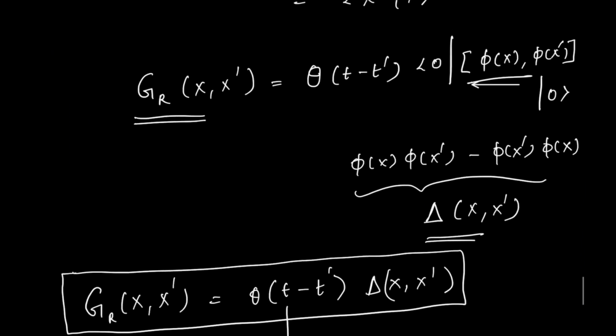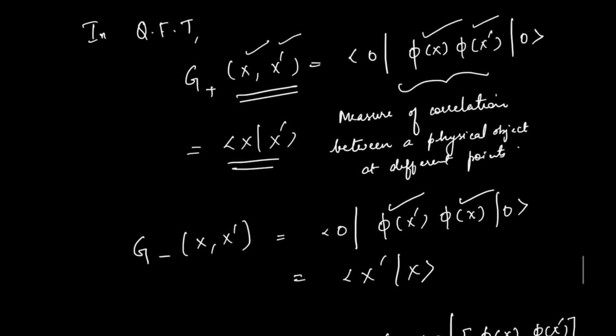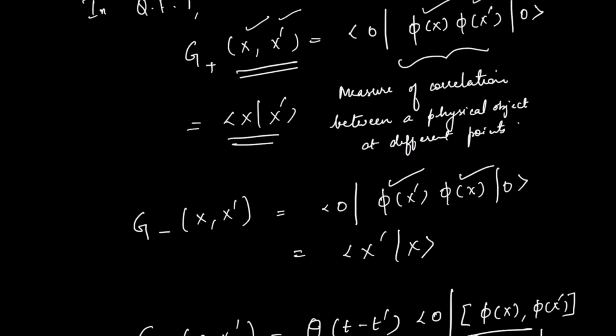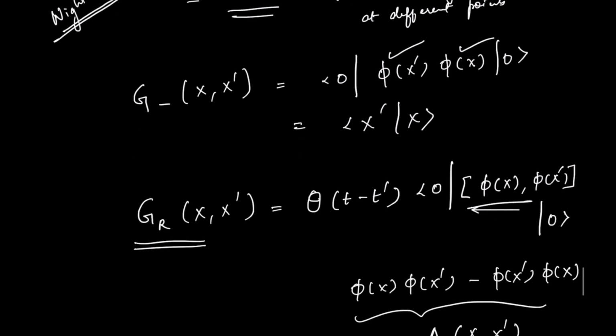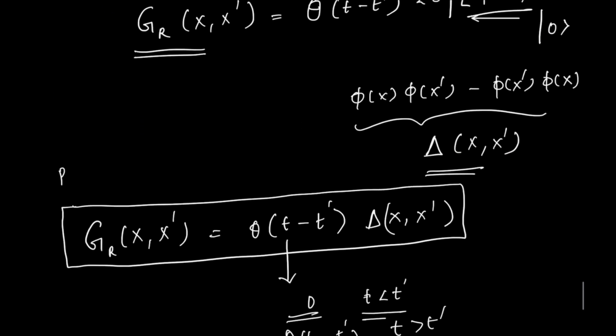So we have defined G plus, G minus. Okay, this G plus and G minus are also called the Wightman functions. The name is Wightman function. And GR is the retarded function. Okay, retarded function.